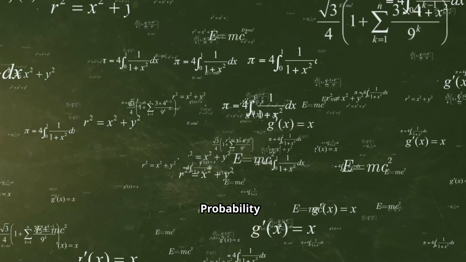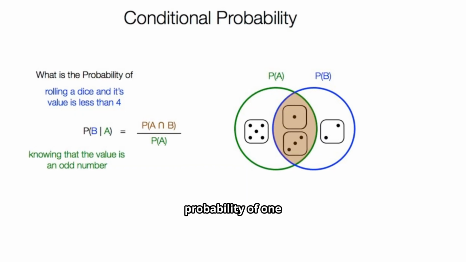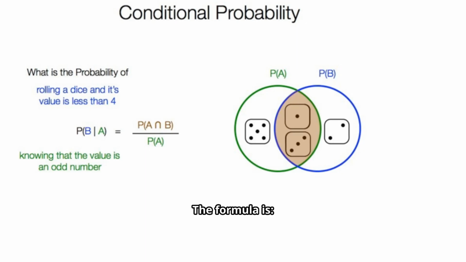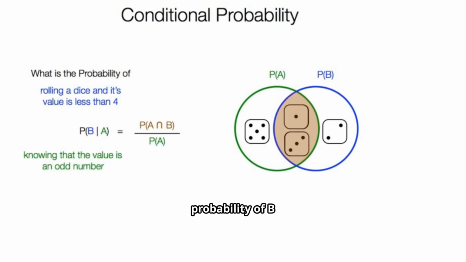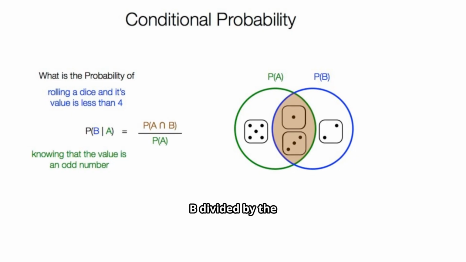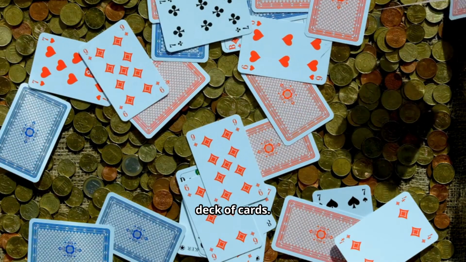Conditional probability. Conditional probability asks, what is the probability of one event happening given that another event has already happened? The formula is: the probability of B given A equals the probability of A and B divided by the probability of A. For example, suppose you have a deck of cards.